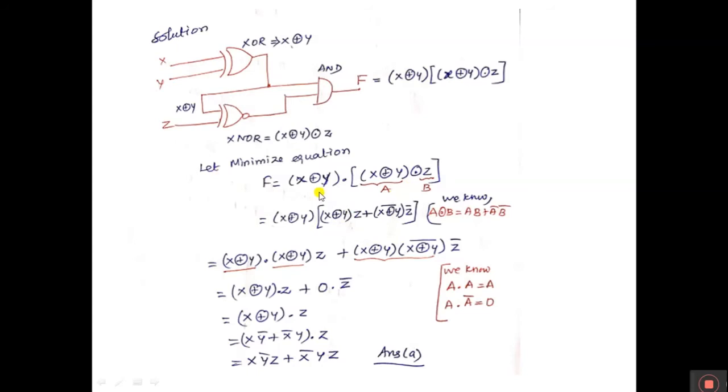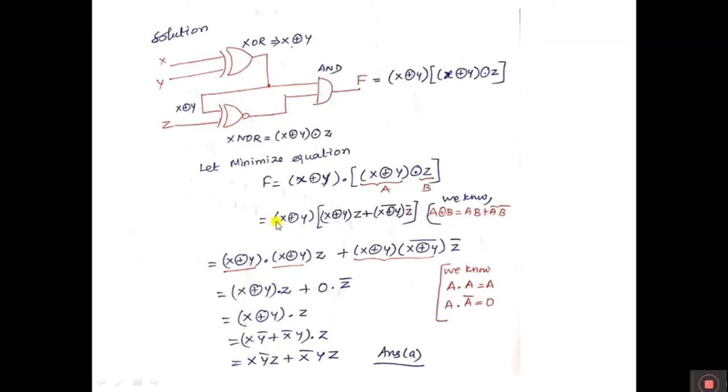So we can take this output from this one, and XNOR equation, you know, A XNOR of B becomes AB plus A bar B bar. Accordingly, I can take this as A, I can take this as B. So A B: A is X XOR of Y, multiplied with Z, plus X XOR of Y bar and B bar becomes Z bar.